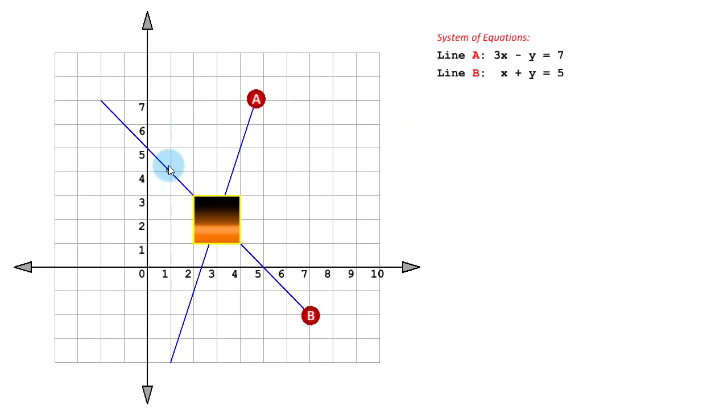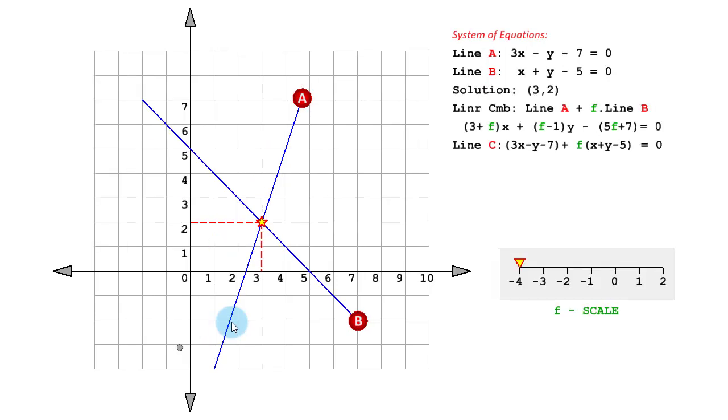Well, if we can manipulate these two lines from outside the box without disturbing their point of intersection inside, then maybe we have some hope. And we have just the right trick for doing that. We have seen that in the previous video, where we had these two lines, line A and line B, or equation A and equation B, and we combined those two in what is called their linear combination.